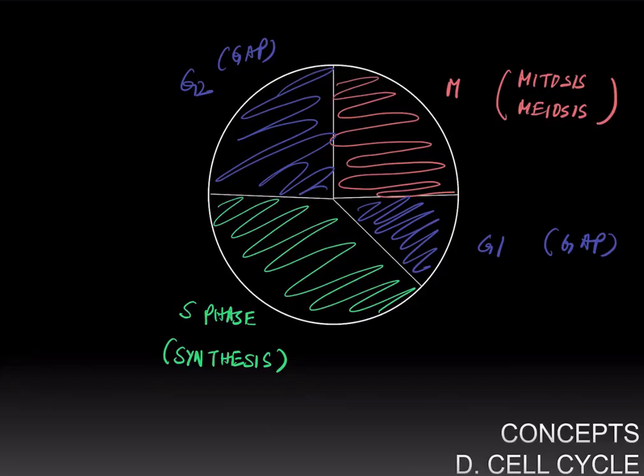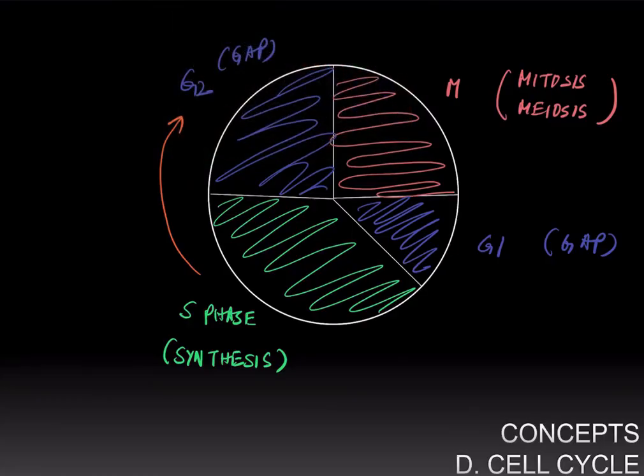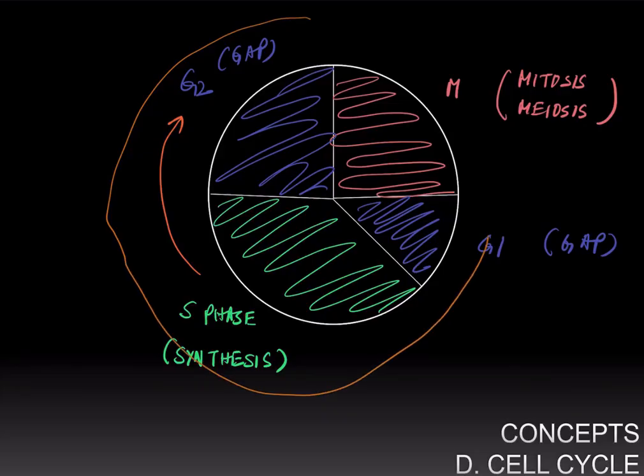And the cell cycle proceeds in the clockwise direction, going from synthesis or doubling of the DNA, copying of the DNA, to G2 or gap phase 2, to mitosis or meiosis, and then the first gap, G1, and then returning back to the S phase. And a further division is that everything other than mitosis is called interphase.